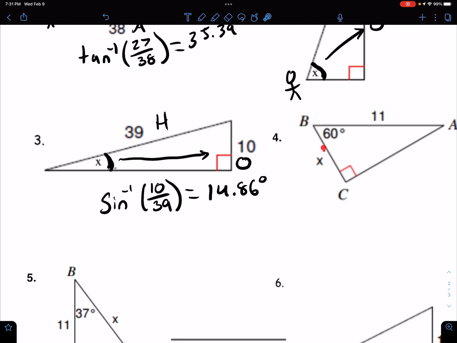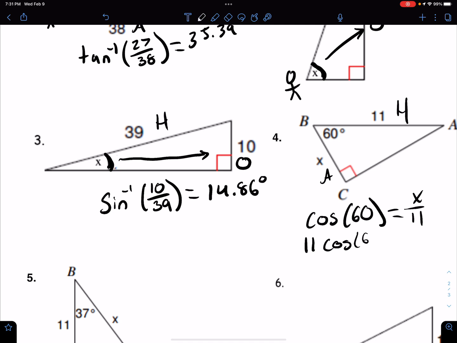So I know I have my adjacent side and my hypotenuse. So I know that cosine of 60 is equal to the adjacent side over the hypotenuse. So I know this is equal to 11 cosine of 60, which is equal to x.